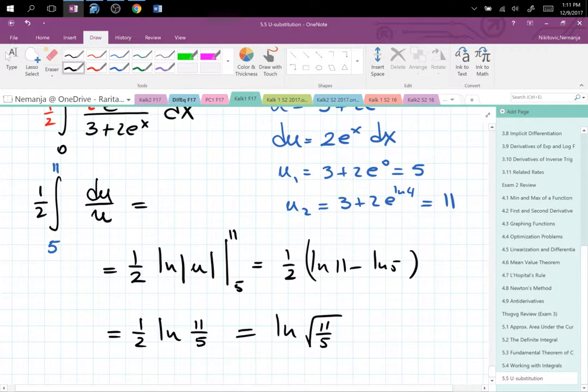And then rationalize by root 5 to give you ln square root of 55 over 5. Or you can just leave it here.